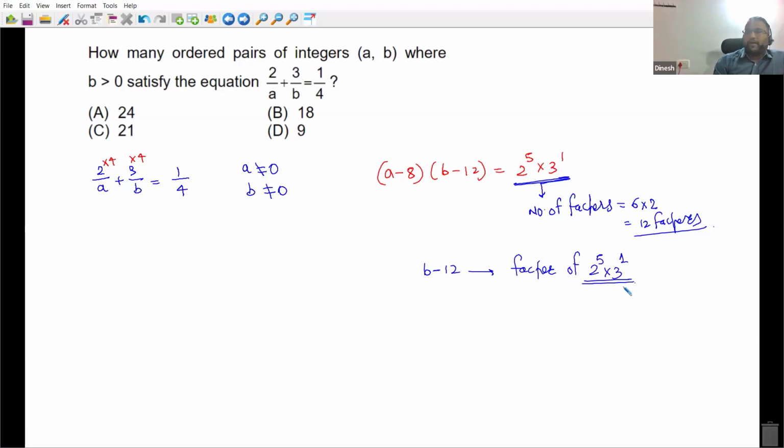So there are 12 positive factors. Along with that, there are 12 negative factors also there.